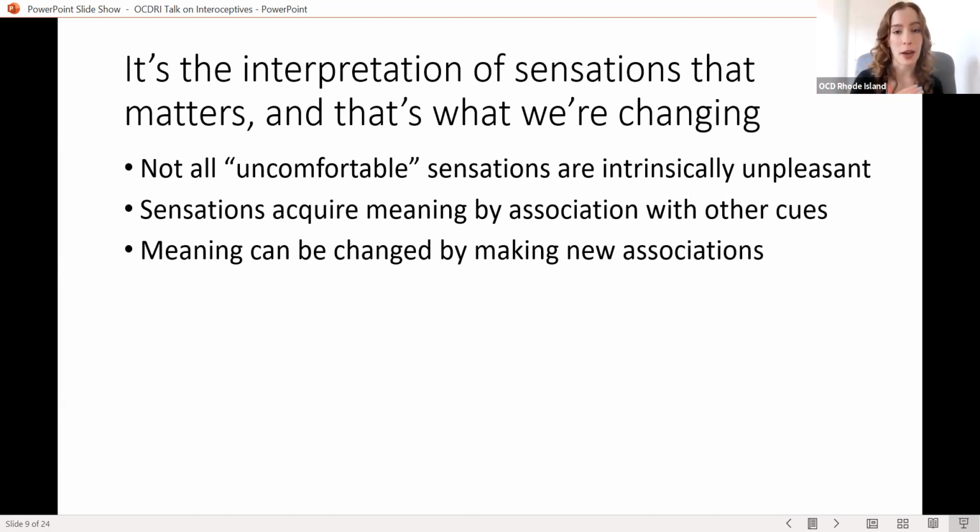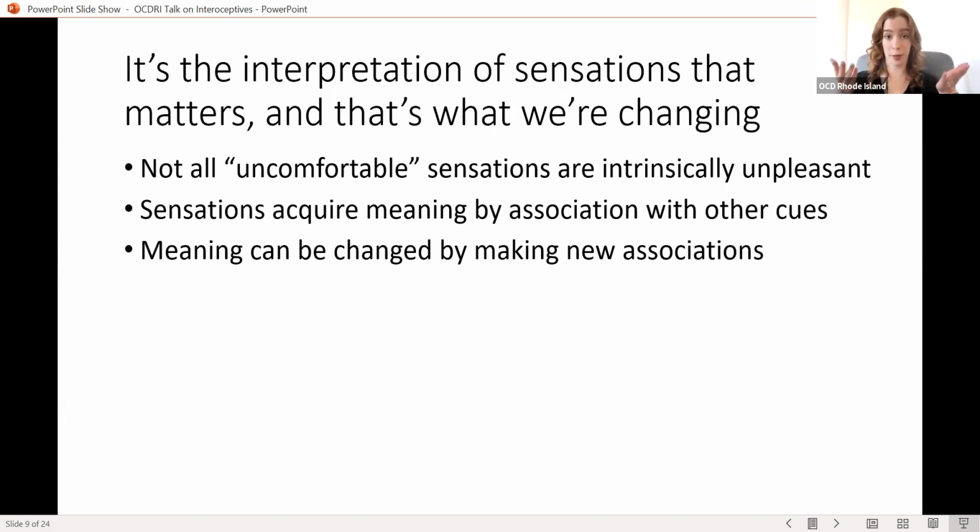And that is what we are about, so that you can go from relating to your sensations like, oh my God, my heart's racing, this is awful, or oh my God, I'm nauseous, I'm definitely going to throw up, and cultivate instead an attitude that's kind of like, okay, my heart's racing, or I'm feeling nauseous, and don't love it, not my favorite sensation, but it's one I've seen before and it's something that I can handle. That's ultimately the attitude that we're going for.